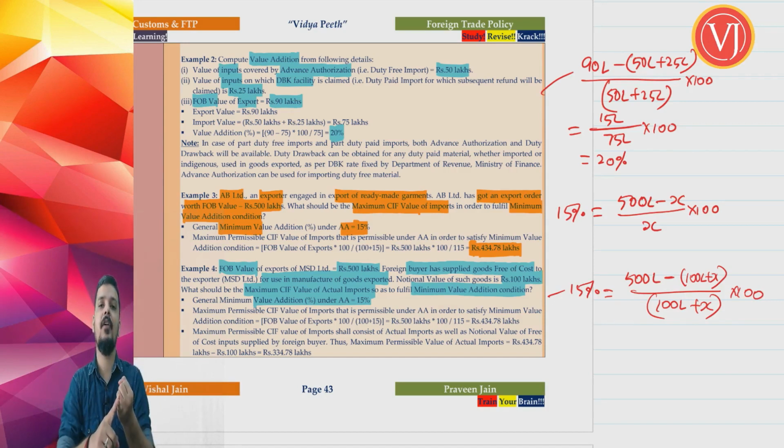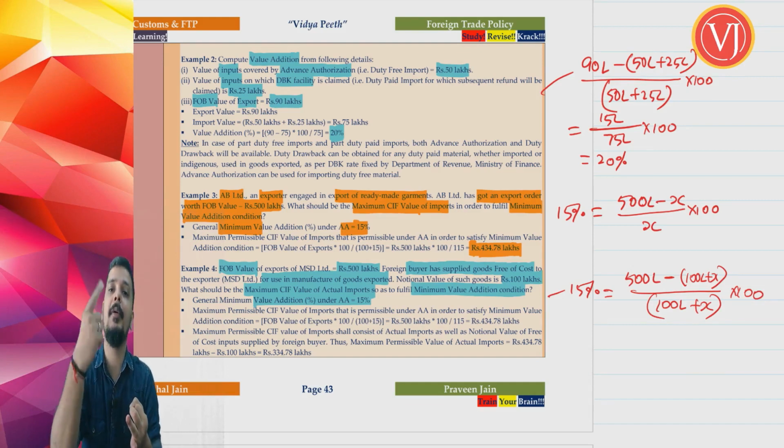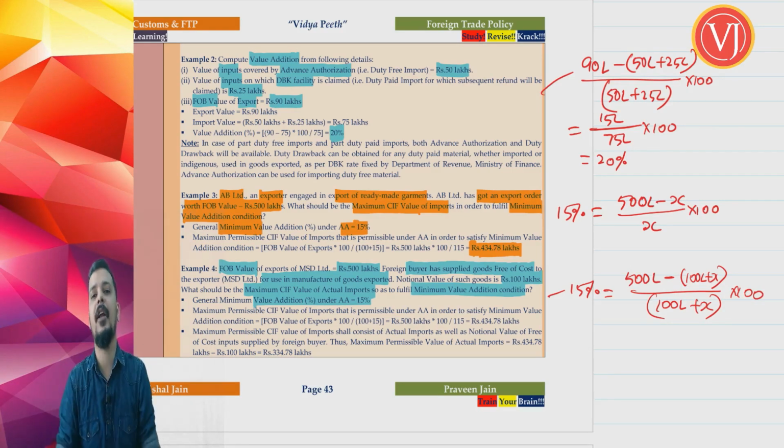It is CIF value of imports under advance authorization, CIF value of imports for which you are not going under advance authorization but you will be claiming duty drawback, even that has to be included, plus CIF value of free of cost imports in India. That need not be samples actually. Calling it samples is incorrect. Free of cost inputs imported in India, even that has to be included.